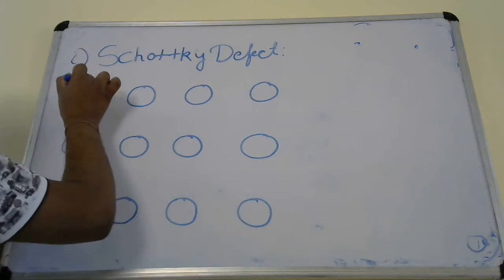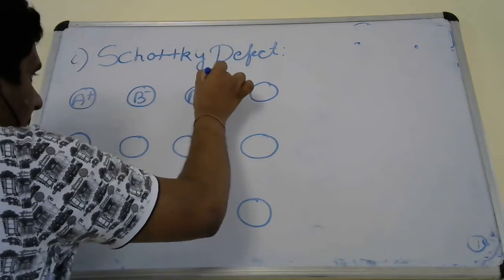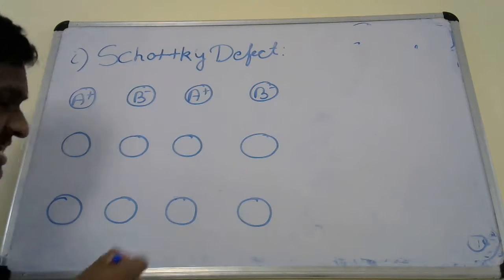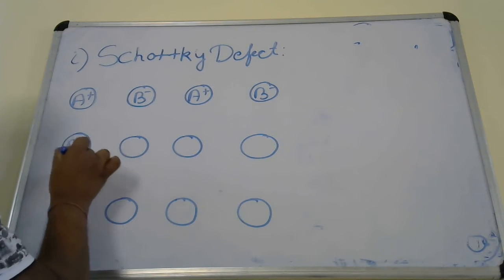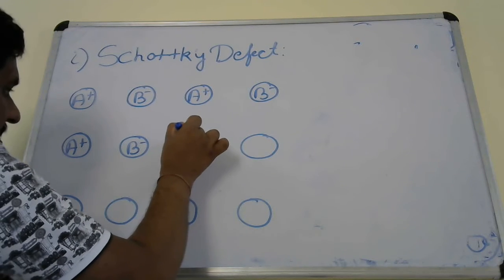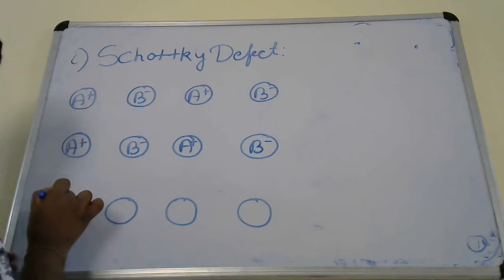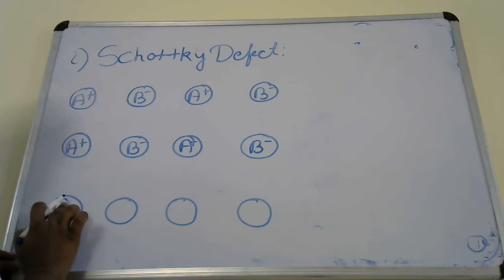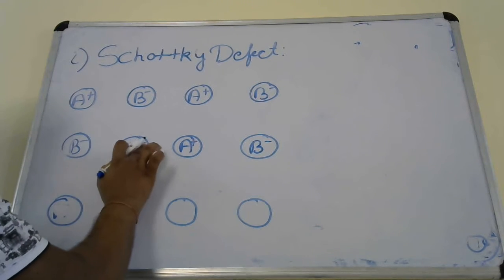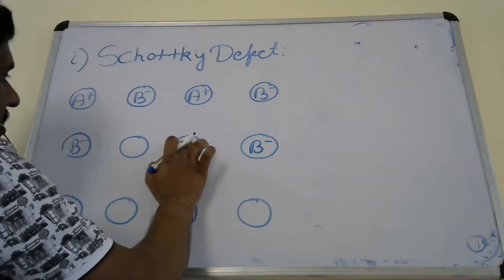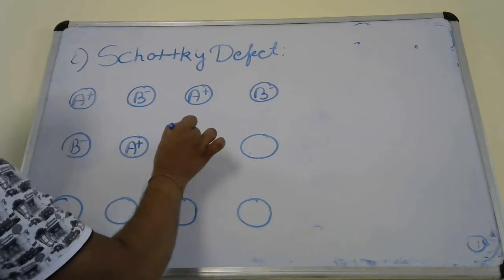Imagine this is an ionic solid lattice where A plus is the cation and B minus is the anion.